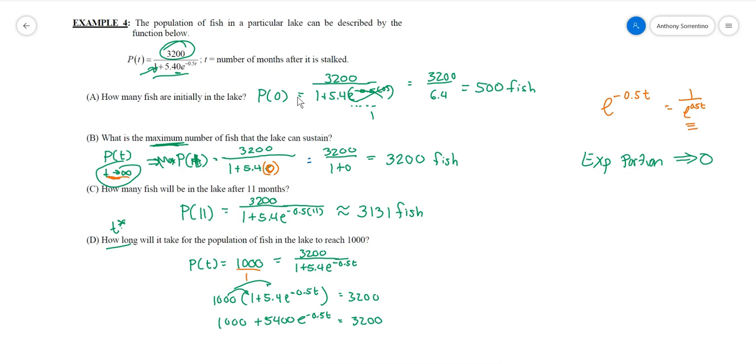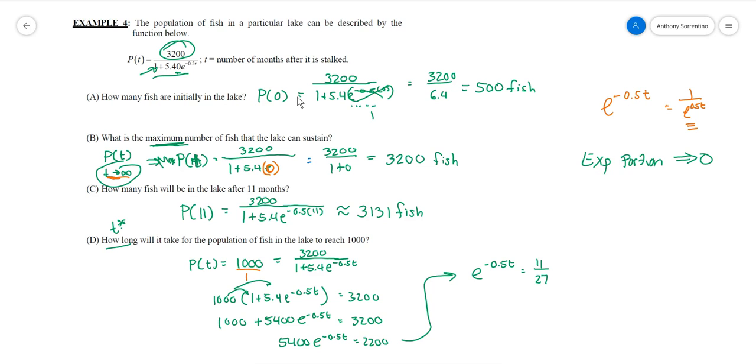I would subtract 1,000 from both sides. I would divide both sides by 5,400. And it would basically reduce to a fraction of 11 over 27 when I simplify the fraction completely.